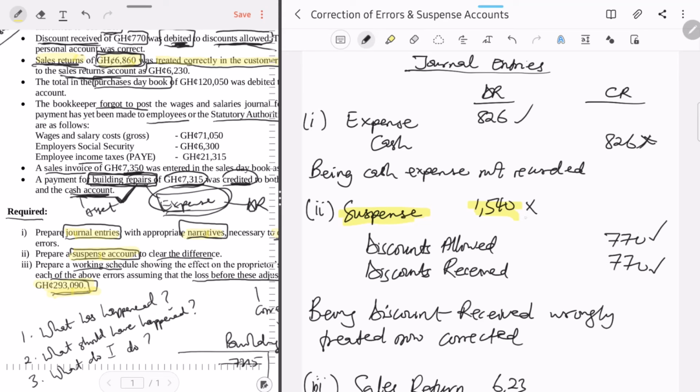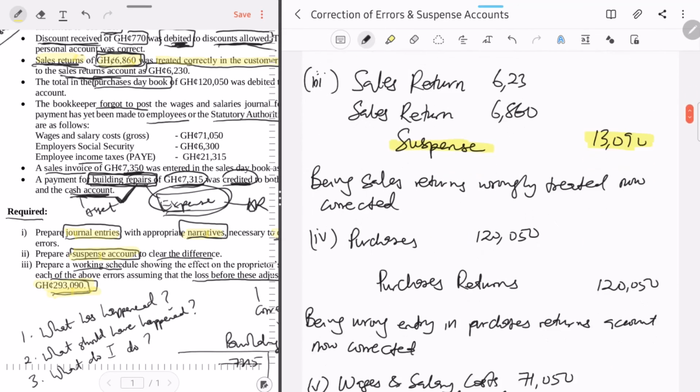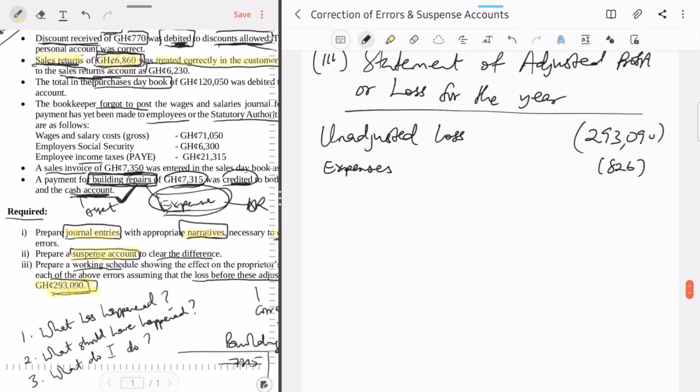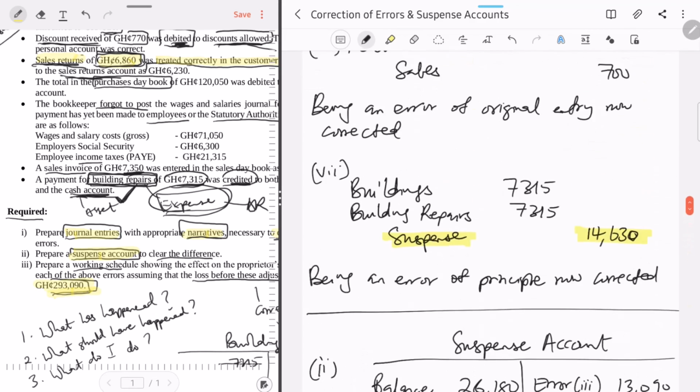And the figure is 1,540 from here. So 1540 on the credit side, it means we'll add 1540. Remember I said add credits, deduct debits. So 1540 added. We can just say this is discounts allowed and received.